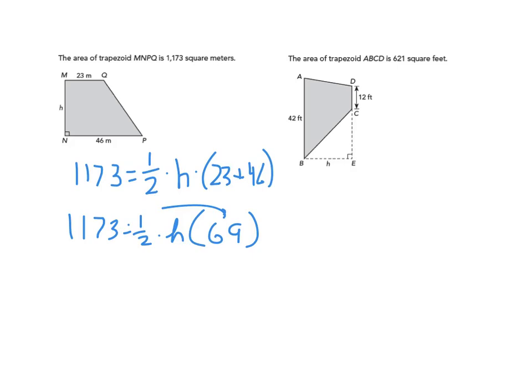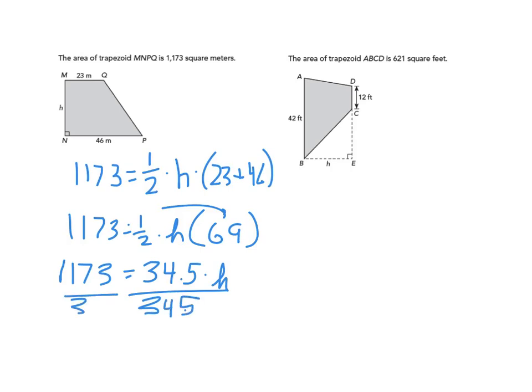If I take half of 69, I'll get that it's 34.5 times the height. Now, I'll probably need a calculator here to do this one. That's okay. I'll just take 11.73 and divide it by 34.5, which ends up being 34 meters for this height.